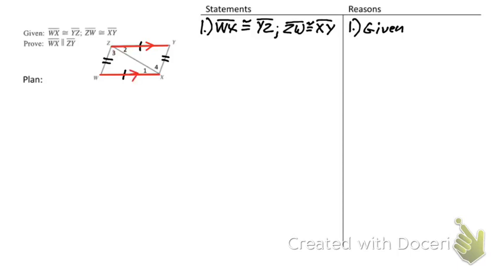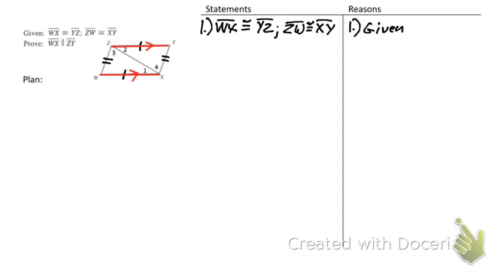The only way I could show that are our converses. Alternate interior converses. And really, it's just either alternate interior or corresponding that are our main ones. So us working backwards, which two angles would I want to prove are congruent to show those two lines are parallel? Which two angles would either be alternate interior angles or corresponding angles in this picture?